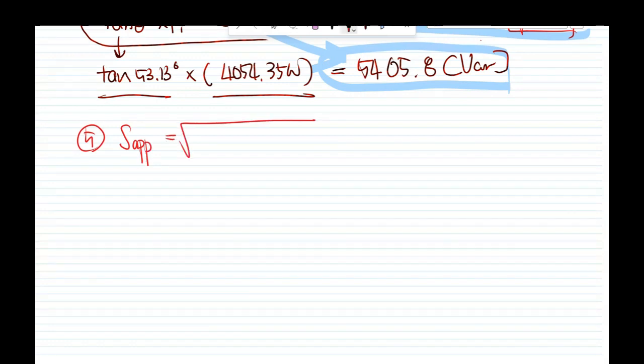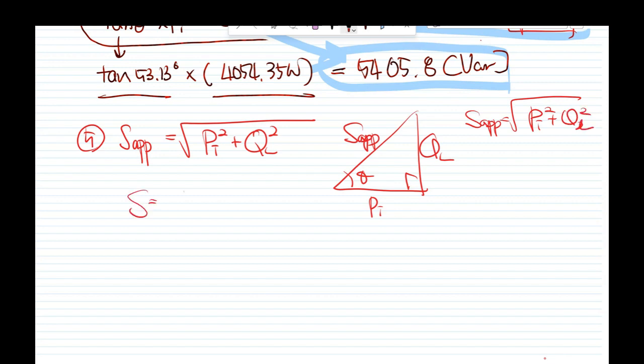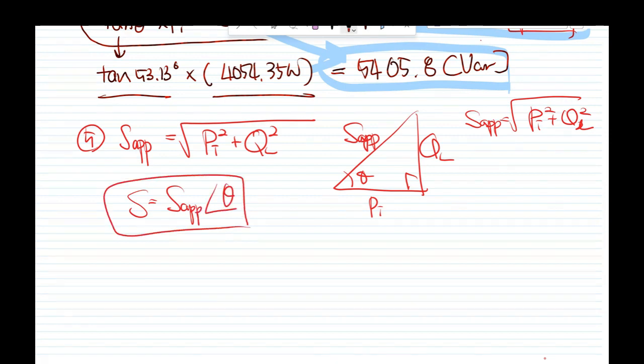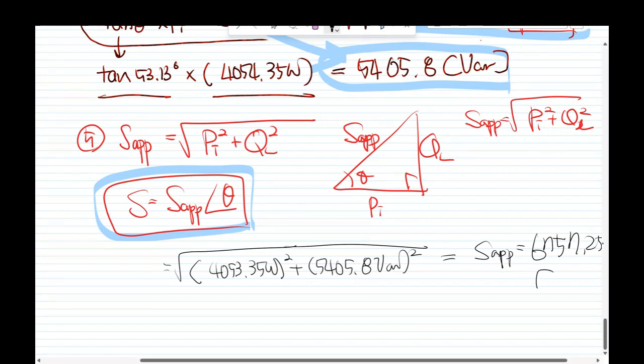From the triangle, S sub APP is the square root of P sub I squared plus Q sub L squared. You understand? We know P sub I is 4054.35 watts squared, plus 5405.8 VAR squared. After calculations, S sub APP is 6757.25 VA.